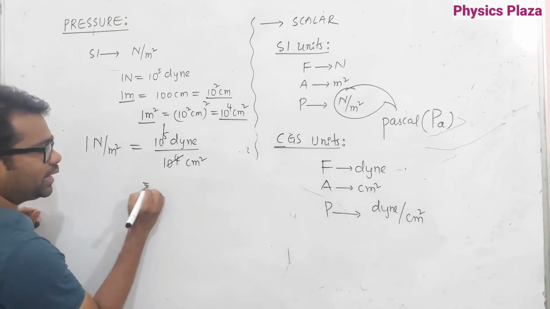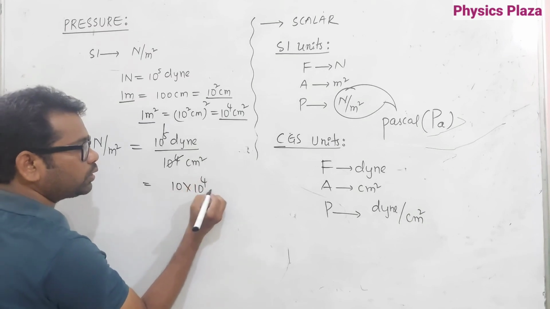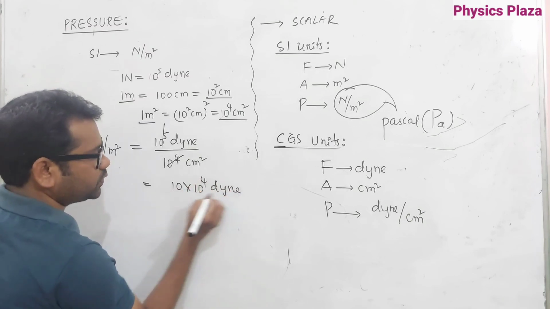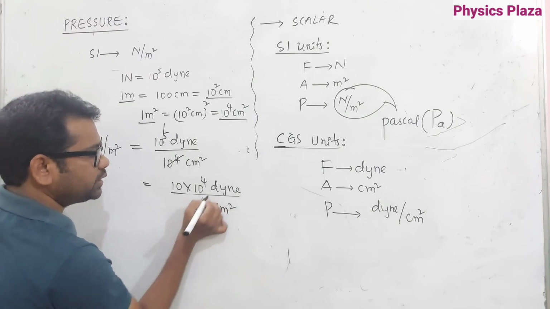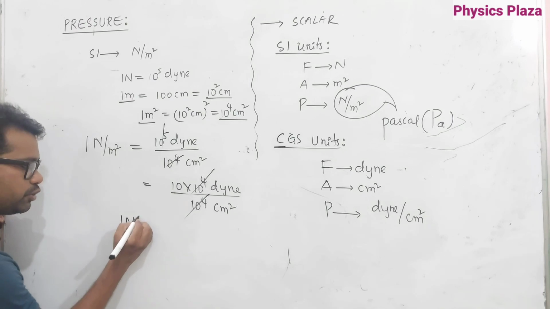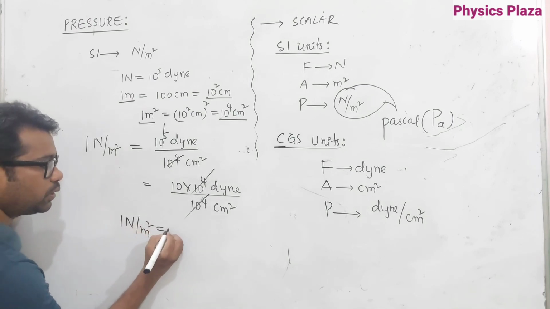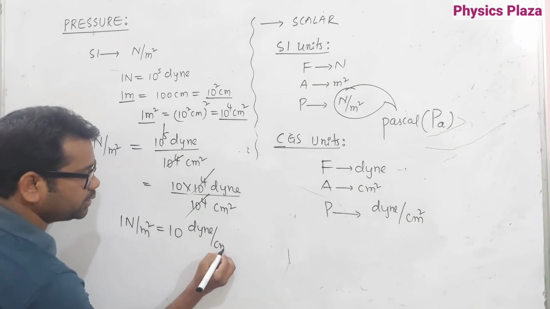Let me give you clarity. 10 power 5 can be written as 10 into 10 power 4 dyne, whereas this is 10 power 4 centimeter square. So the 10 power 4 will get cancelled. So here we got 1 Newton per meter square is equal to 10 dyne per centimeter square.